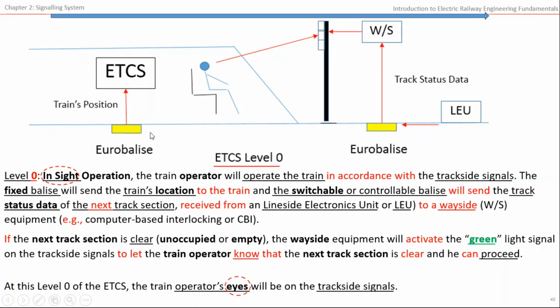It's not like the fixed balise here, where the data would be the same, which is the location of the train.